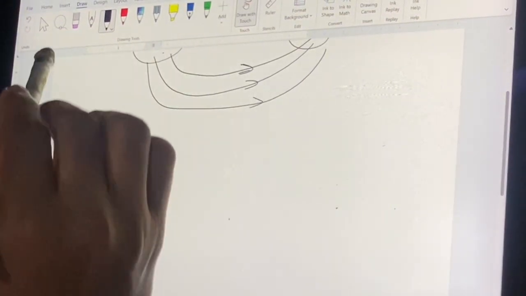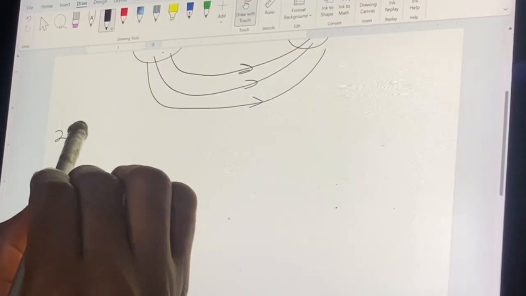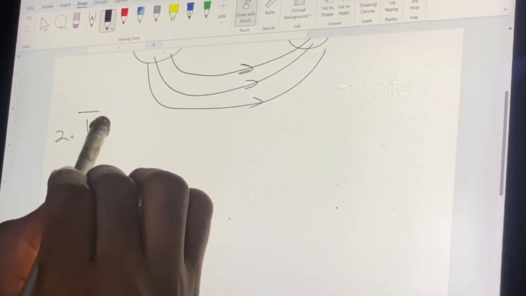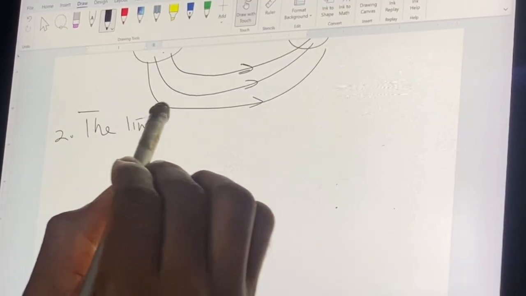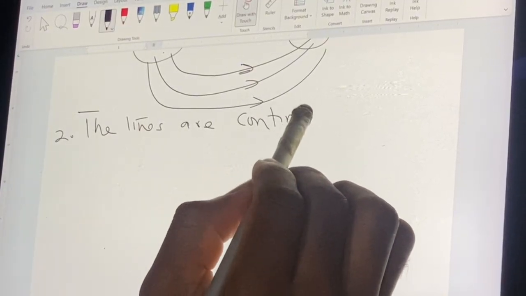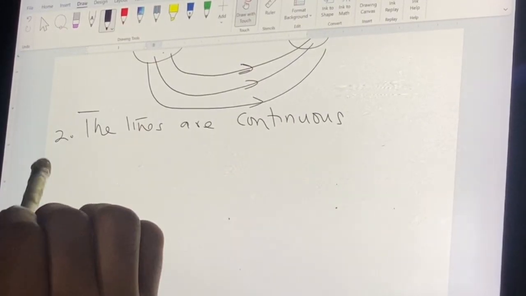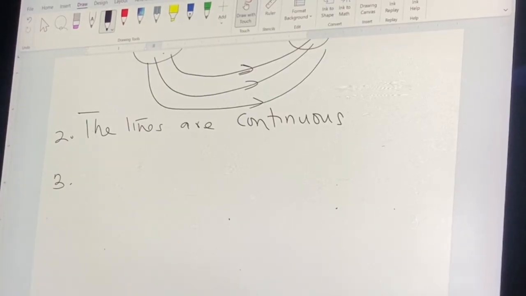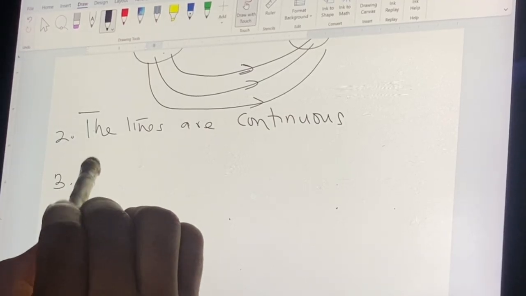Two, the lines are continuous. Okay, three, they start on the positive charge and end on the negative charge. I will explain that.